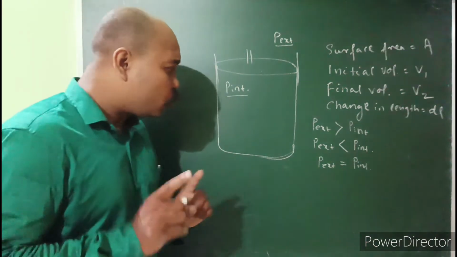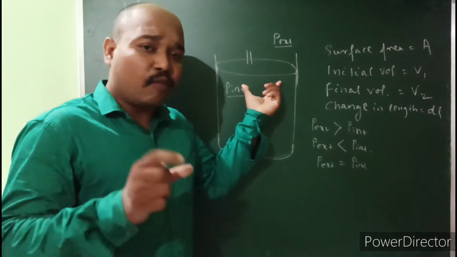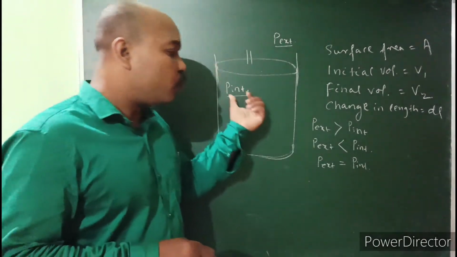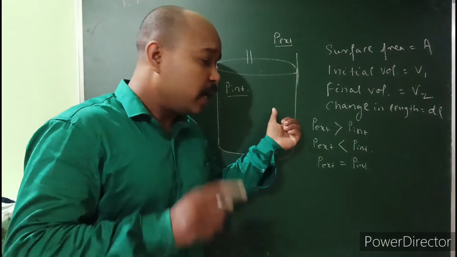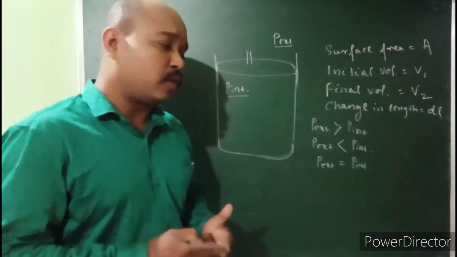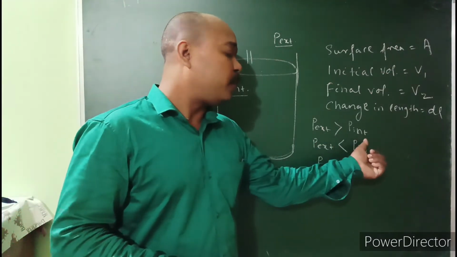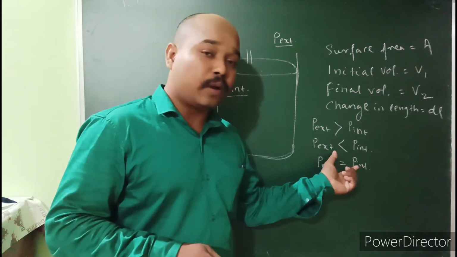Now as I told you that the piston is frictionless and weightless, so it cannot move by itself. Whatever the movement will occur, it is only due to the change in pressure. For change in pressure, both the pressures should have different values. For that, one should be greater, another should be smaller.